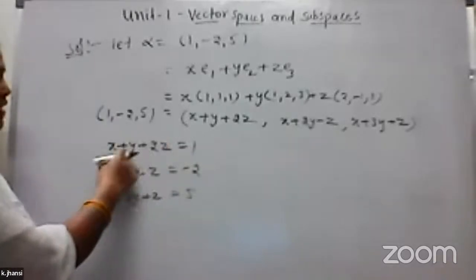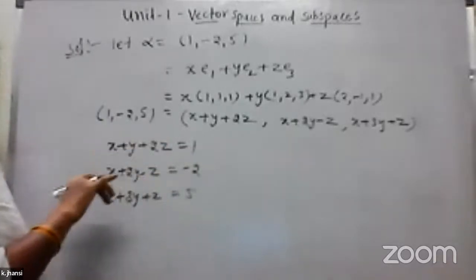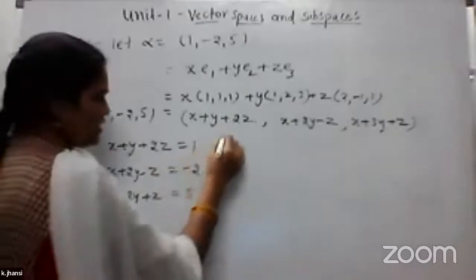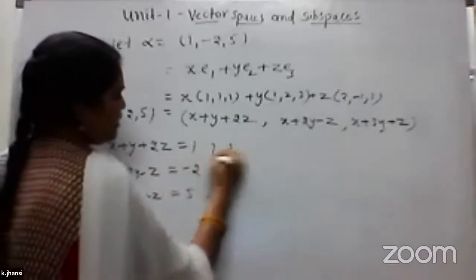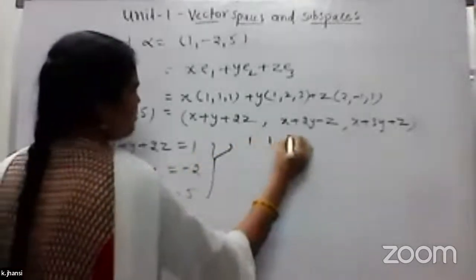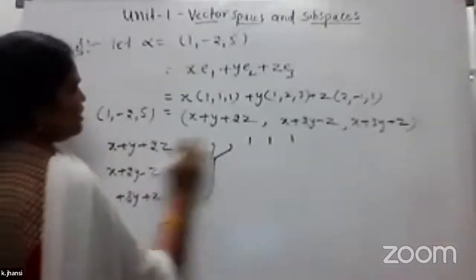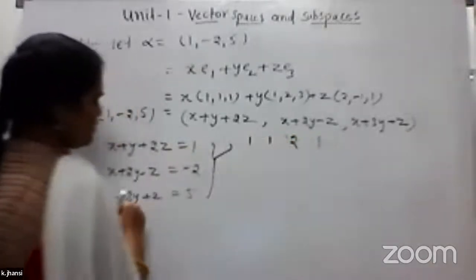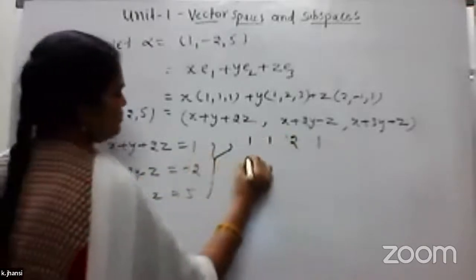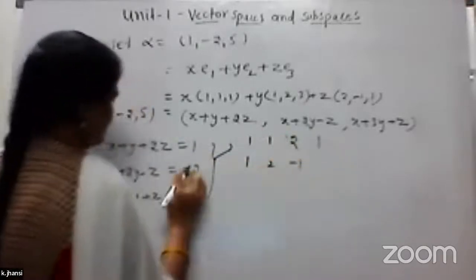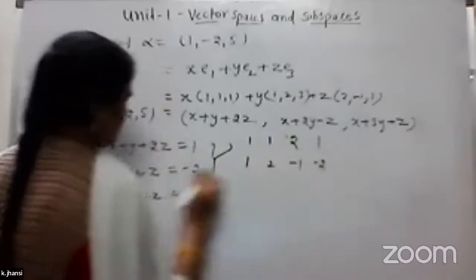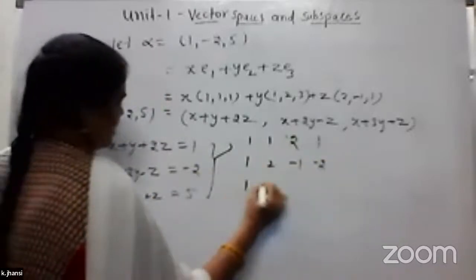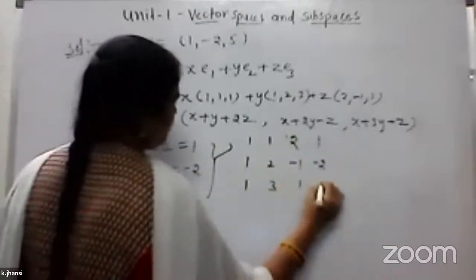So if you write this in matrix form, you will get 1, 1, 2, 1; 1, 2, -1, -2; 1, 3, 1, 5.